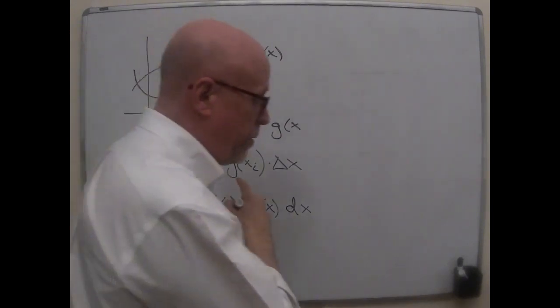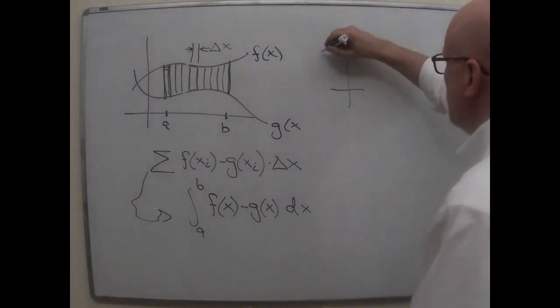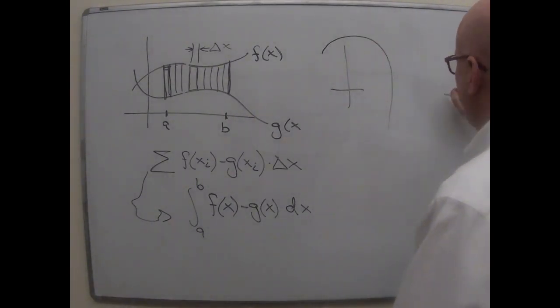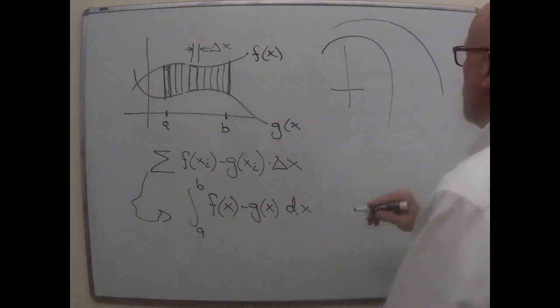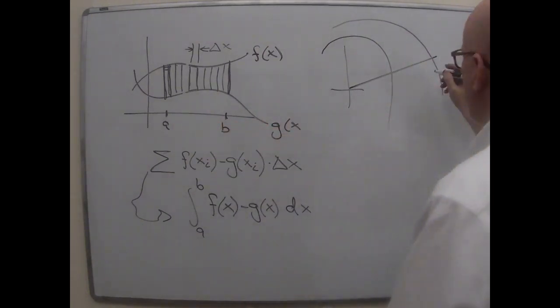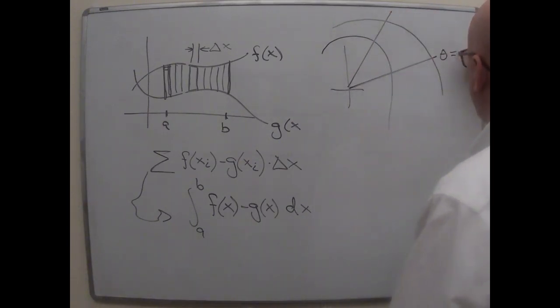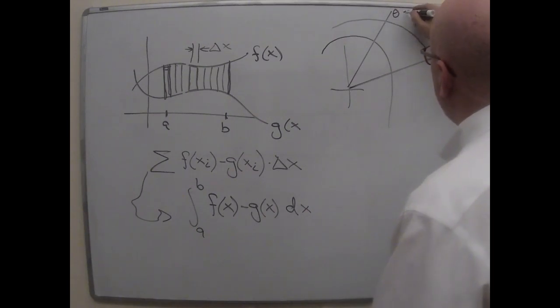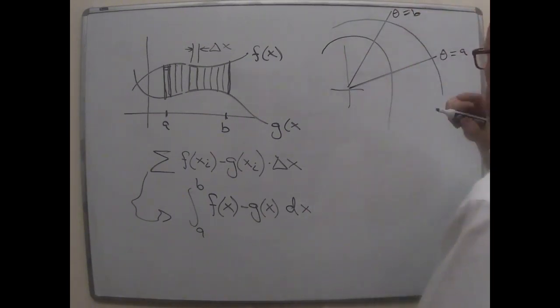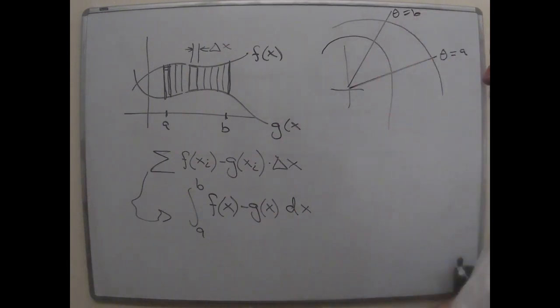Now, if instead of a Cartesian function, we've got something that's naturally rotational, you may think about your x values, your a and b, as actually being theta values. So this might be theta equals a and theta equals b. Those are rays out of the origin, right? You still have the difference between the two functions to deal with, so you could have f of x minus g of x.